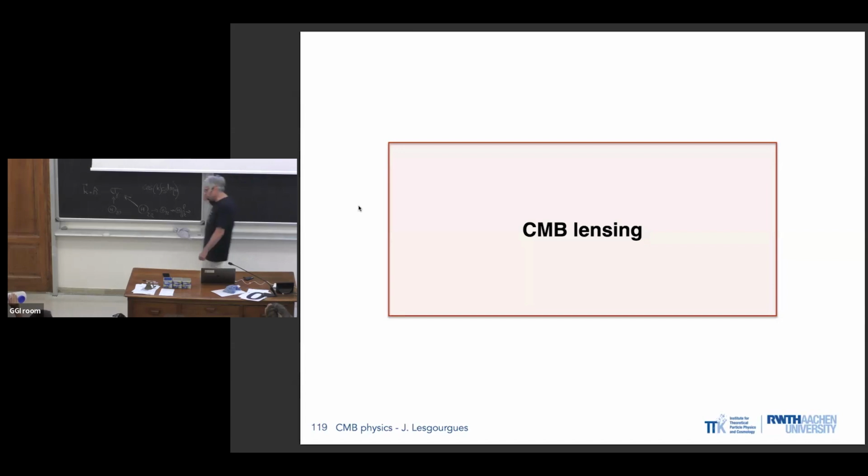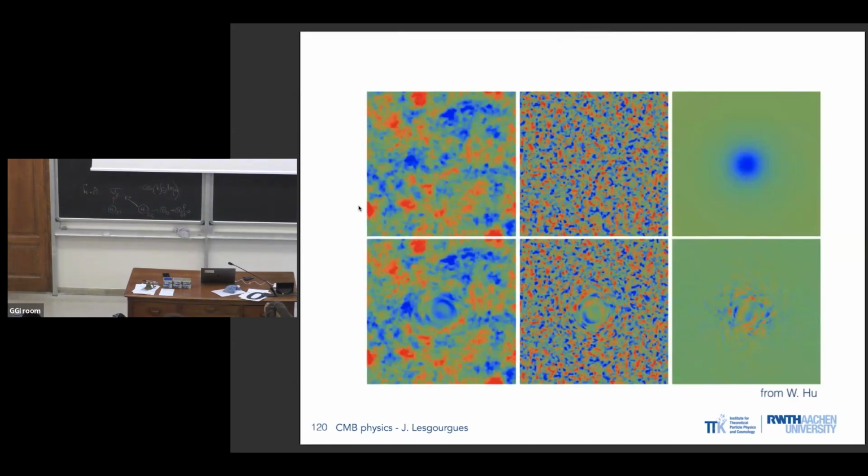So we already touched a bit on CMB lensing, and we saw in particular that understanding CMB lensing would be nice if we want to get better constraints on primordial B mode and clean this lensing signal. So I'm going to tell you a little bit how this business works. I start with this famous plot from Wayne Hu, which is just for pedagogical purposes. Here he simulates a little region in a temperature map, and then a little region in an E mode map.